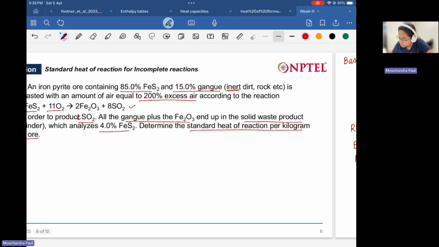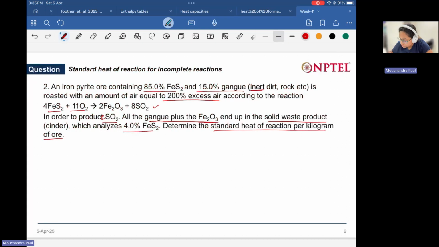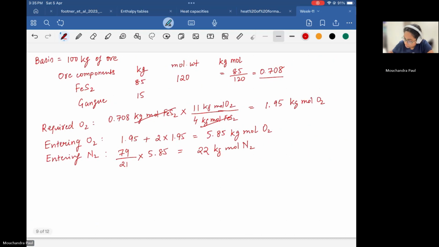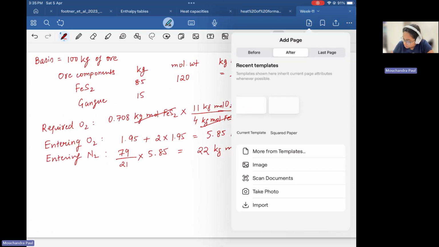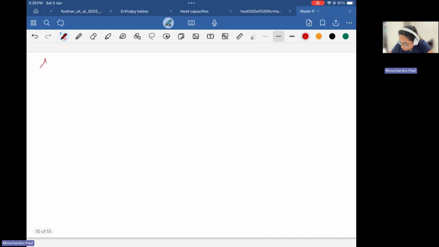Now if we look at the solid waste part, it contains three components: Gangue, Fe2O3 and FeS2. Let me take a new page. Solid waste, as I said, contains Fe2O3, Gangue, and FeS2.